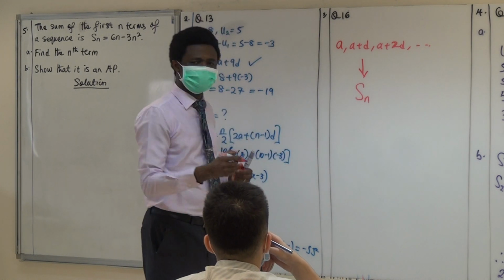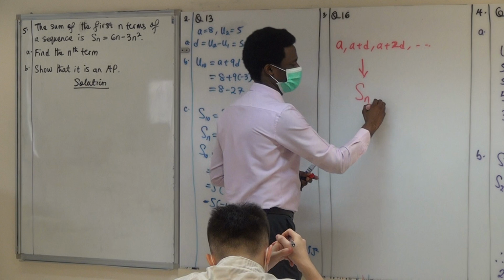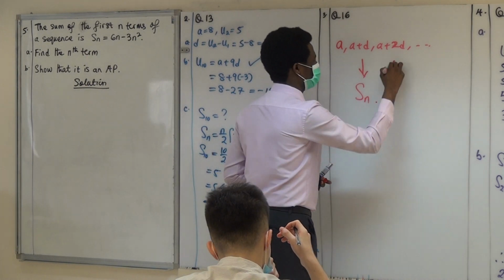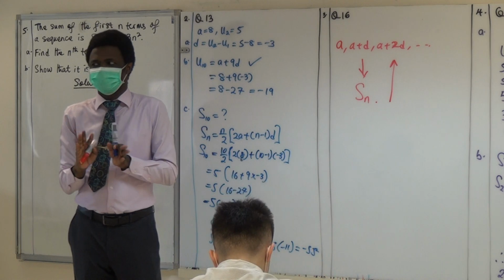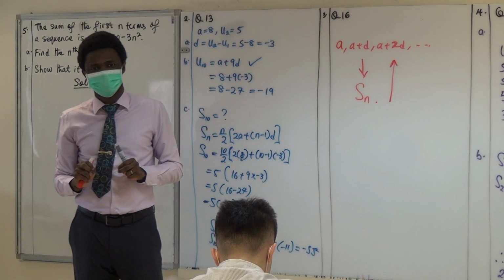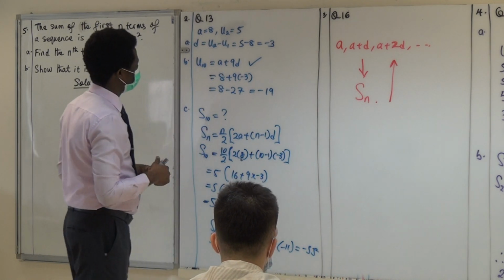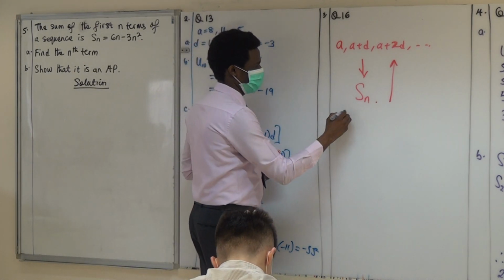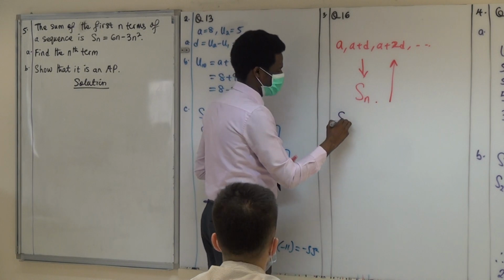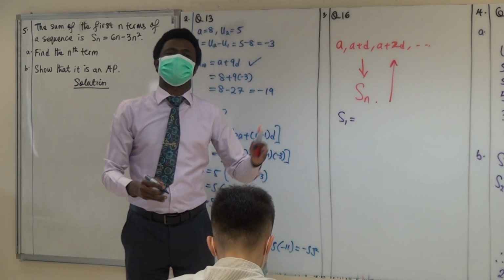All right. This time around, we have our sum. Now we want to find the nth term from the sum, so it's like the opposite of the normal process. Let's observe, what does this sum mean? From Sn, S1 means the sum from the first to the first.